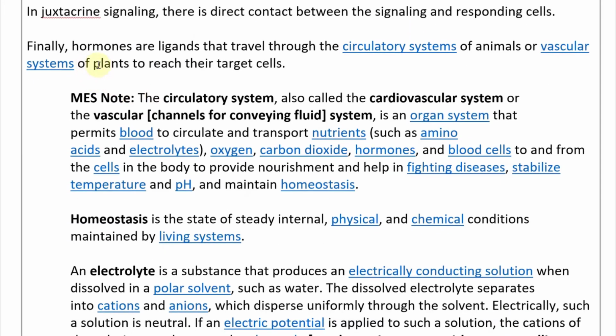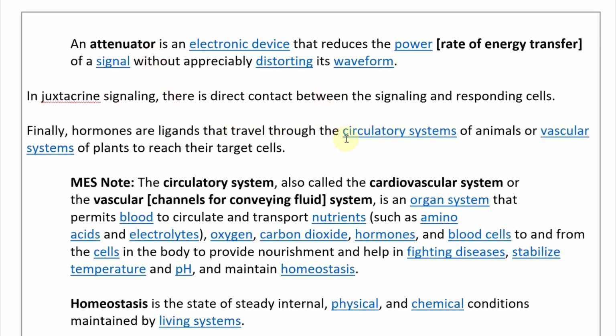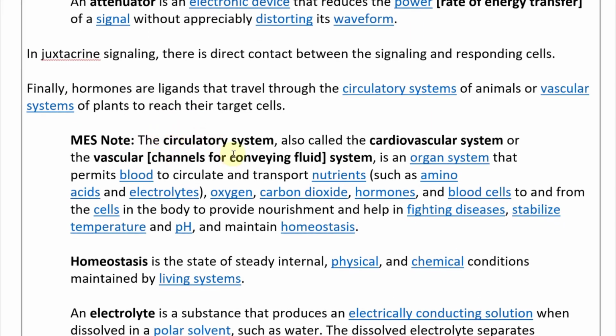And going further, finally, hormones are ligands that travel through the circulatory systems of animals or vascular systems of plants to reach their target cells. So these travel all the way around to far distances. I must note the circulatory system, also called the cardiovascular system or the vascular system, is made of channels for conveying fluid.